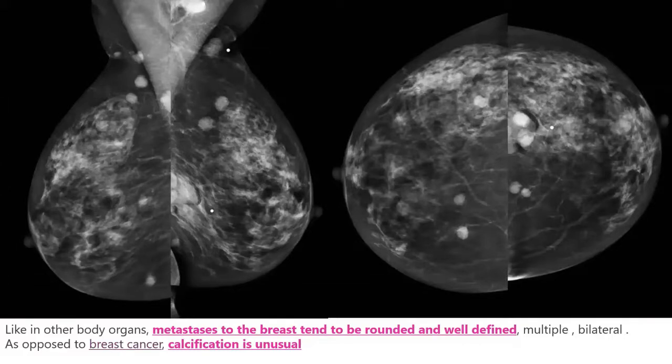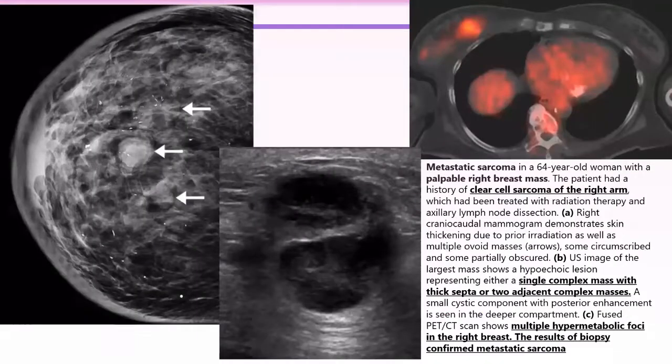This is usually the appearance of metastasis. Usually it's circumscribed, round or oval, mostly circumscribed but can be indistinct, associated with axillary lymph nodes, and scattered within the parenchyma and subcutaneous part of the breast. This is another example of breast metastasis from clear cell sarcoma of the right arm.